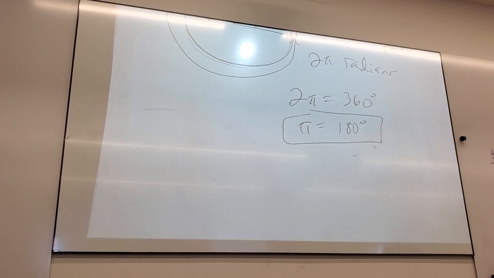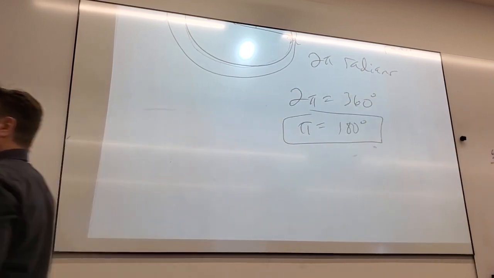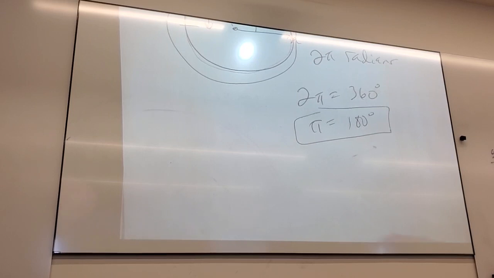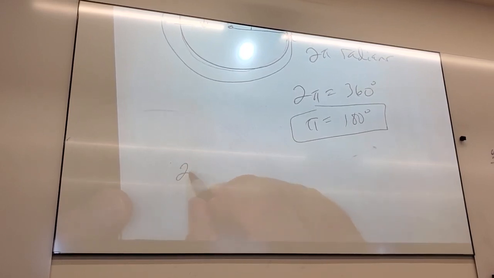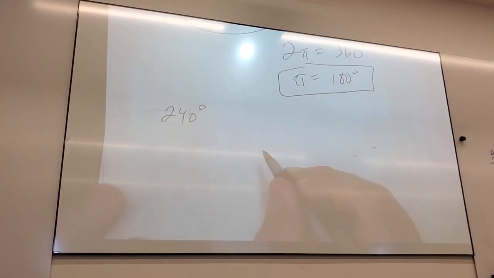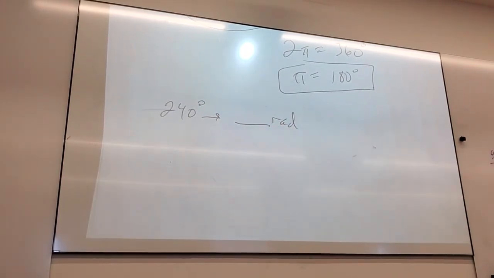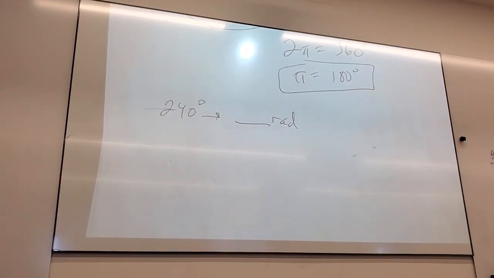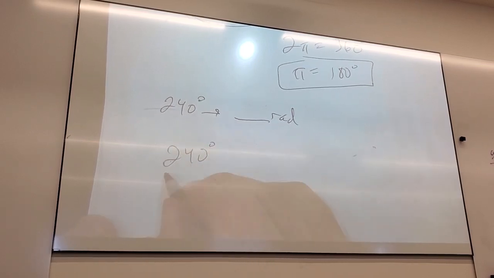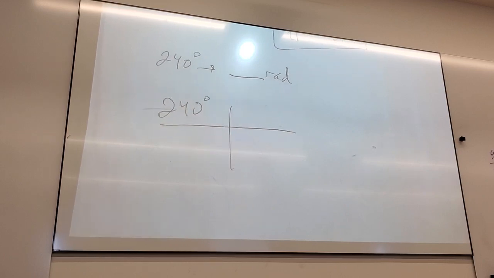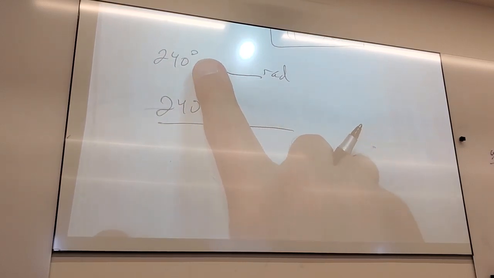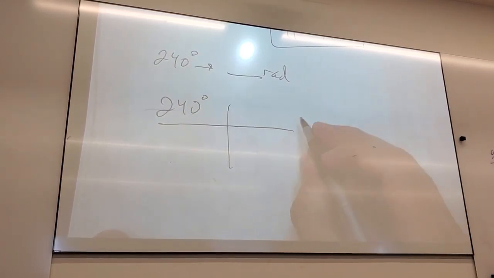So, something I stole from chemistry. If I had 240 degrees, and I wanted to make that into some number of radians, what unit do I want to kill? What do I not want there anymore? Degrees. So where would I put degrees?